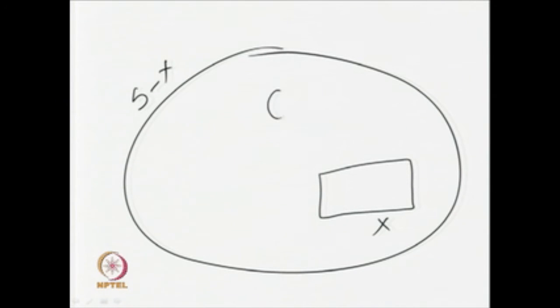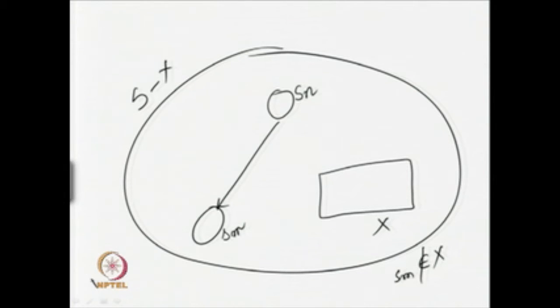Now, if I consider one particular state, say Sn, and one of its transitions is coming to, say, Sm, which does not belong to X, that means at least one transition is not going to this particular X. Okay. So, this is what I am getting. For this transition I look at pre∃(S minus X).